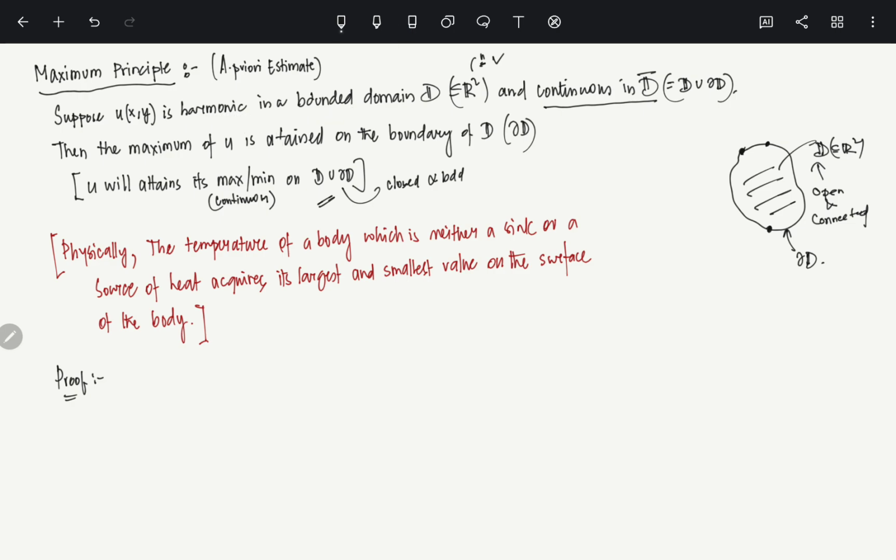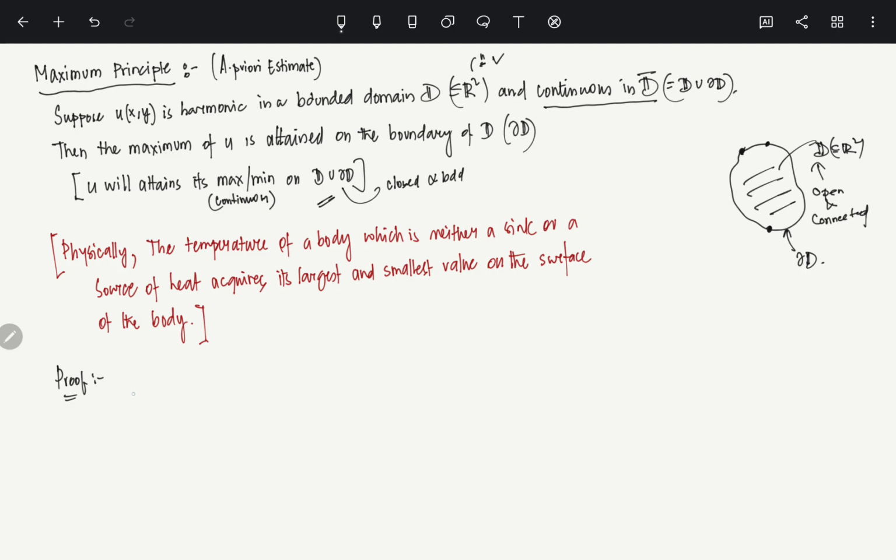Okay, so let's look at the proof. First of all, what it is saying is this: the maximum will be attained on the boundary.